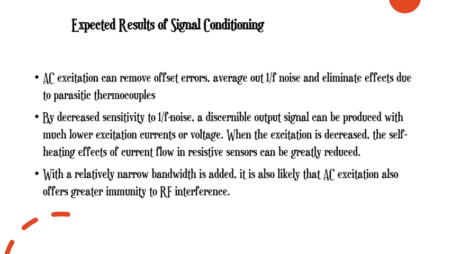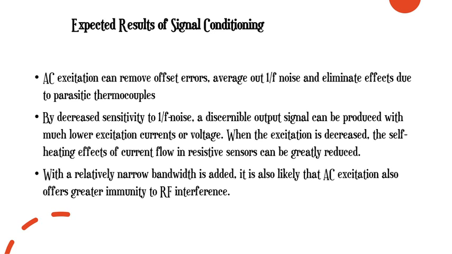Last but not least, the expected result of signal conditioning. The AC excitation can remove offset error, average out 1/f noise and eliminate the effect due to the parasitic thermocouples. By decreasing the sensitivity to 1/f noise, a discernible output signal can be produced with much lower excitation current or voltage.